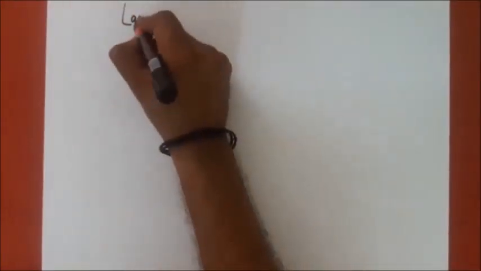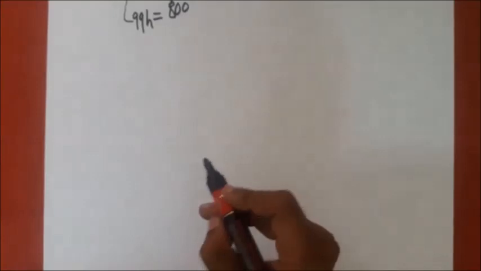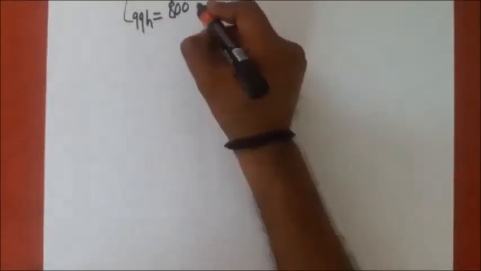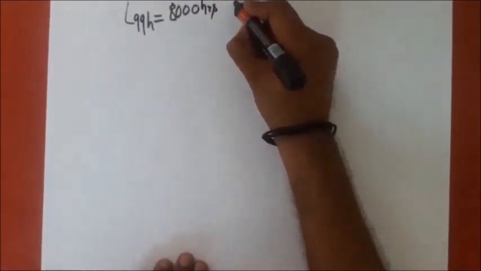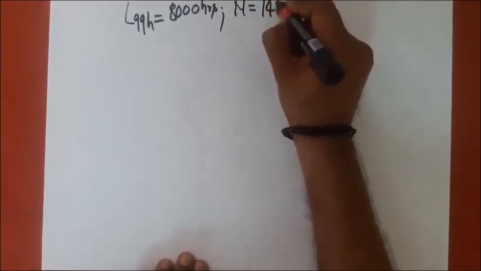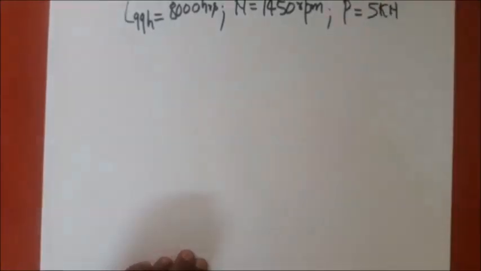For this reliability of 99%, the life L99H is given as 8000 hours, the RPM N at which the bearing rotates is 1450, and the load acting on the bearing, P, equals 5 kilonewton. What we are supposed to calculate here is the dynamic load carrying capacity of the bearing, so that it can be selected from the manufacturer's catalog of reliability 90%.